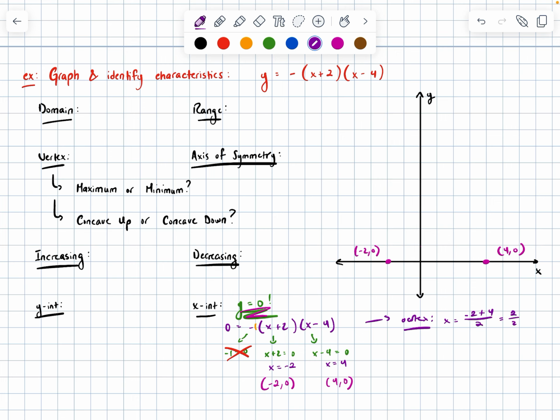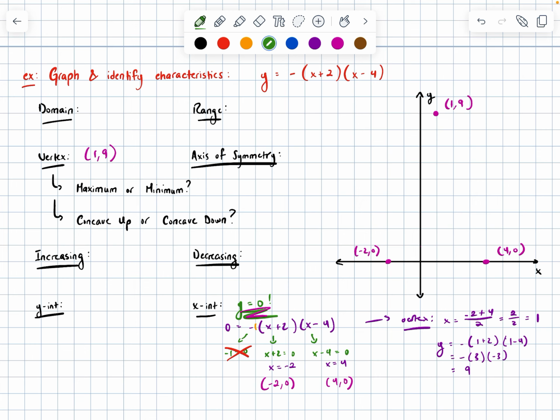So here y is going to be equal to -(1 plus 2) times (1 minus 4). So I've got 1 plus 2 is 3, 1 minus 4 is -3, and -3 times 3 is... -1 times 3 is -3, times -3 is positive 9. So what this tells me is that the point 1 over to the right for x and 9 up for y should be on my graph. Let me even write it up here: (1, 9) is my vertex.